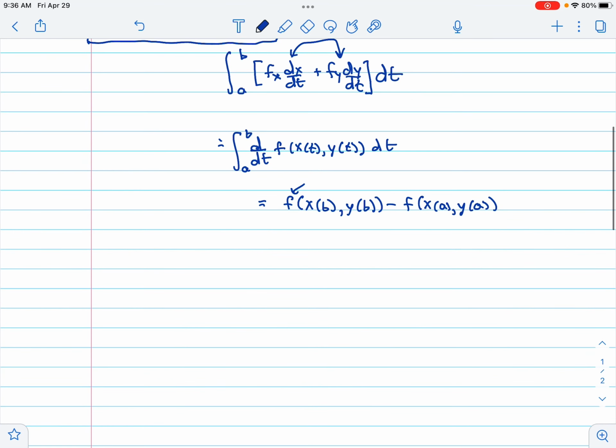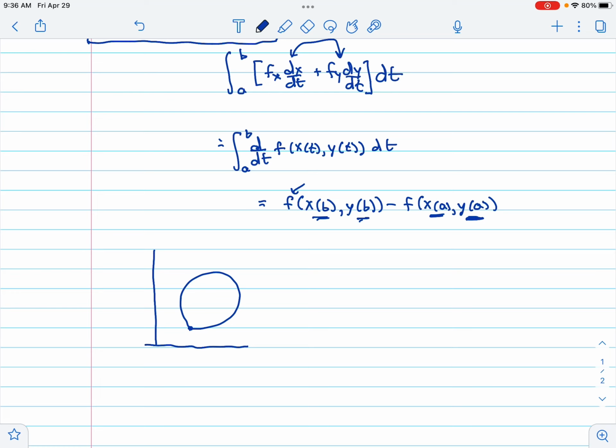Now, here's what we do care about. Let's suppose you have a situation where you are starting at one point, going around, and you come back to the same point, so that you have a closed curve here. You start and stop at the same point. If they're the same, then this integral would equal 0. So here's the deal.